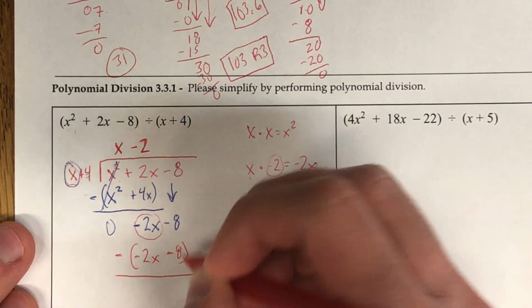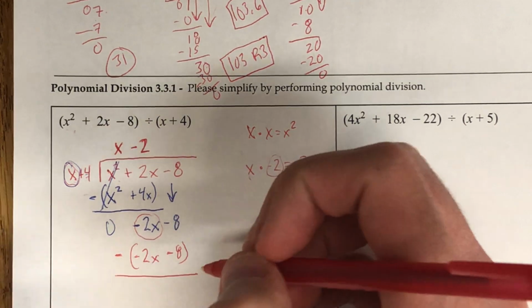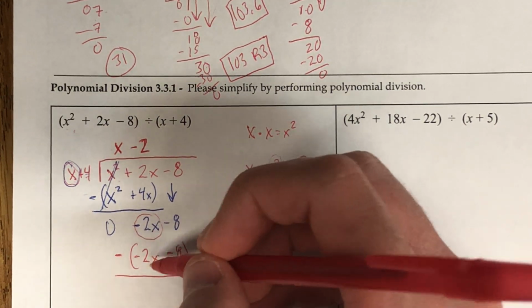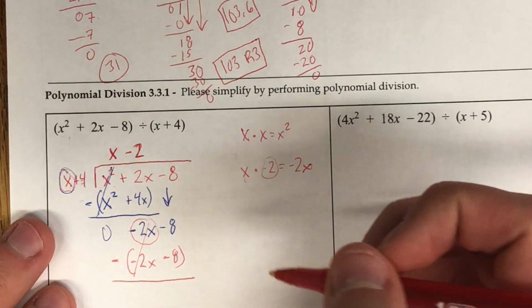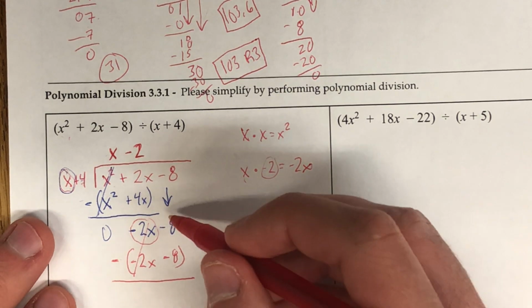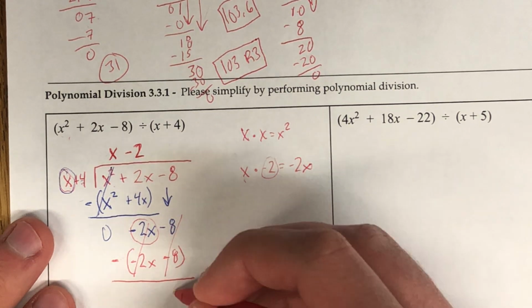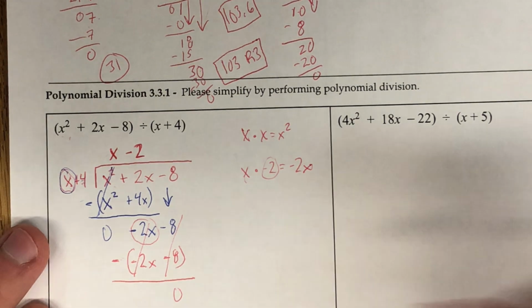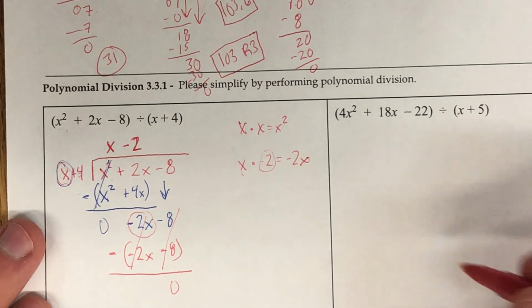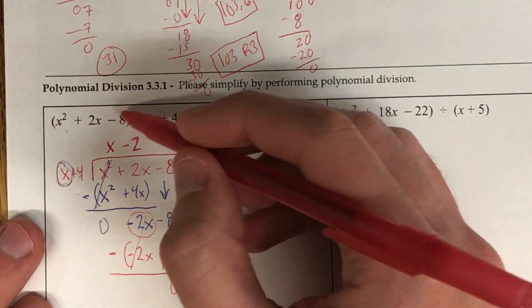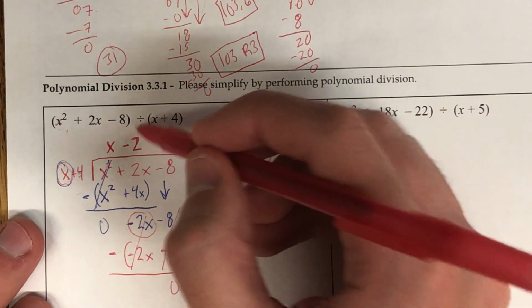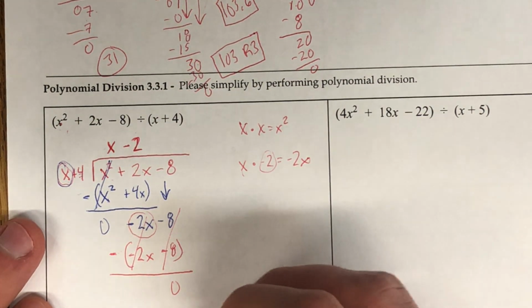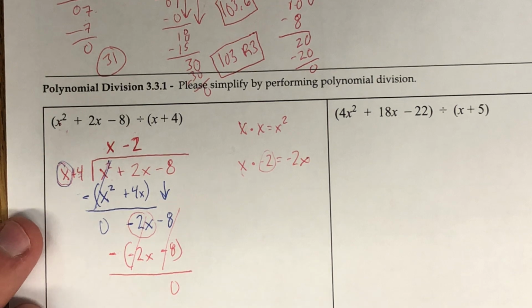And I subtract. Negative 2x minus negative 2x, or negative 2x plus 2x, those will cancel. Negative 8 minus negative 8, or negative 8 plus 8, those cancel as well. And we're done. We have nothing more to bring down. We have no remainder. So x squared plus 2x minus 8 divided by x plus 4 is then just x minus 2.